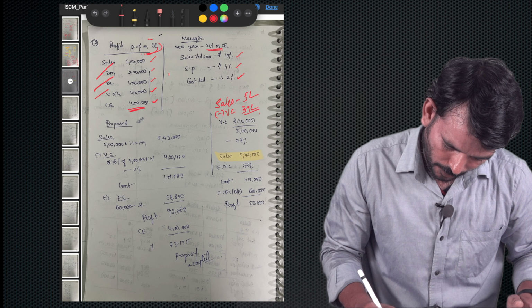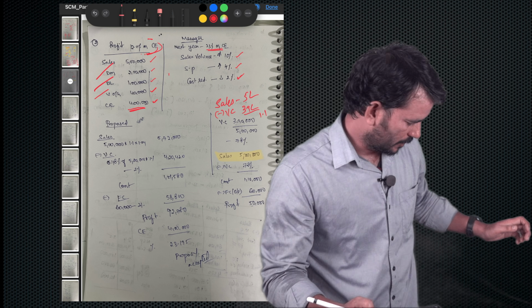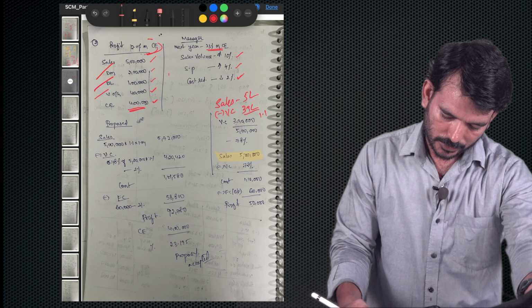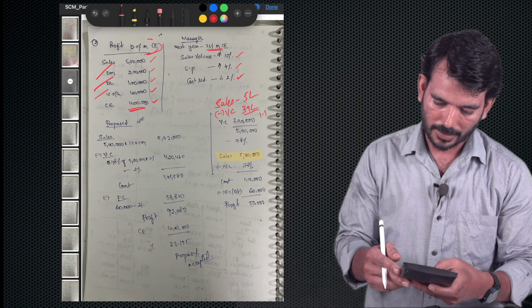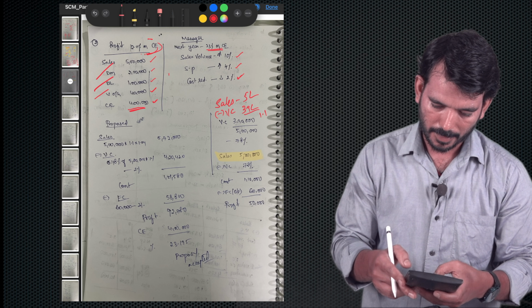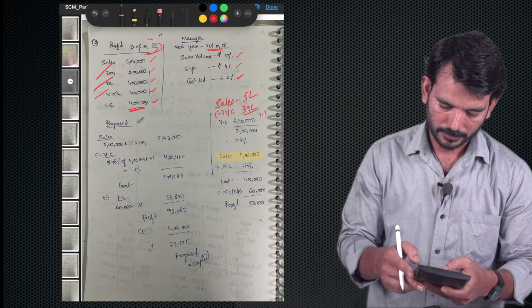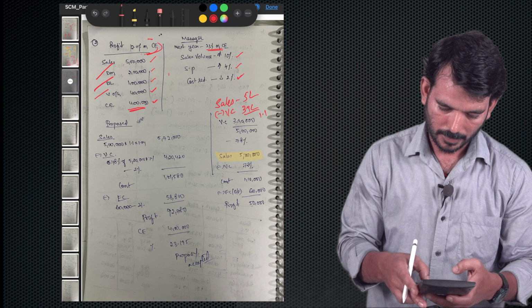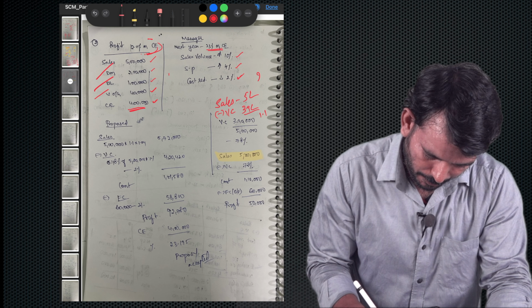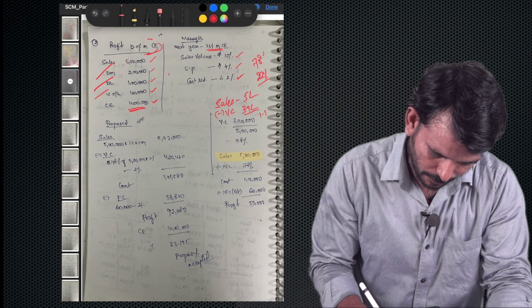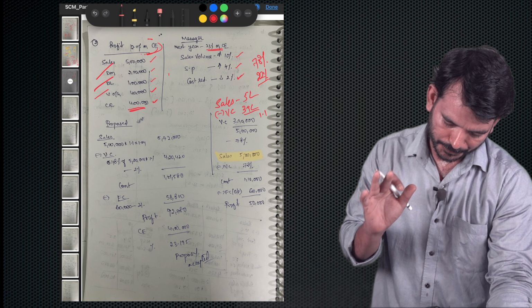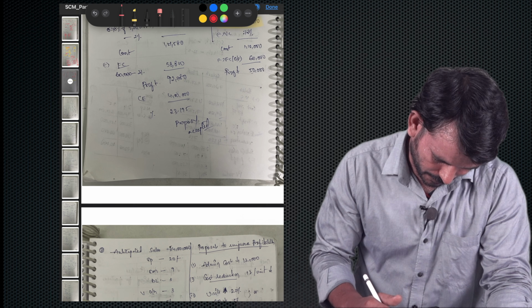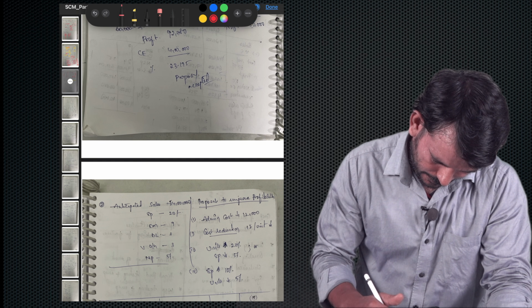So 1.1 lakh will be the contribution. So contribution 1.1 lakh divided by 5 lakh gives 22% as the PV ratio, and 78% is the variable cost. So that much information we got.